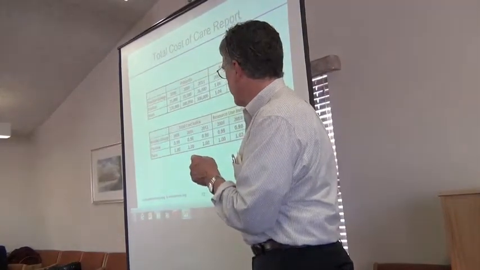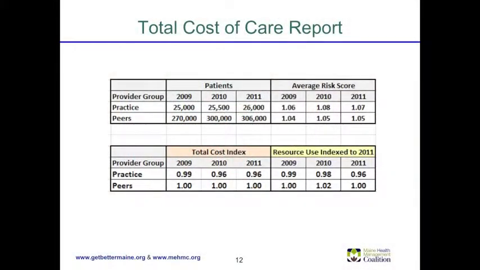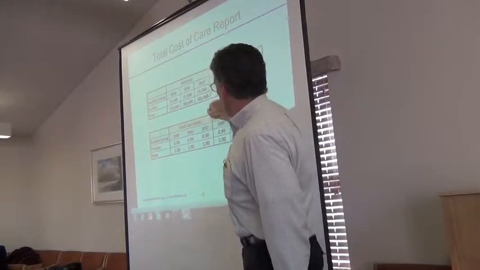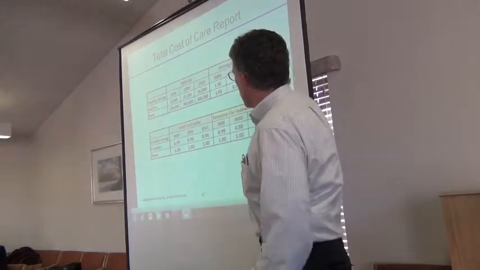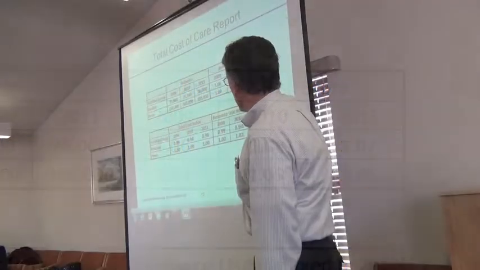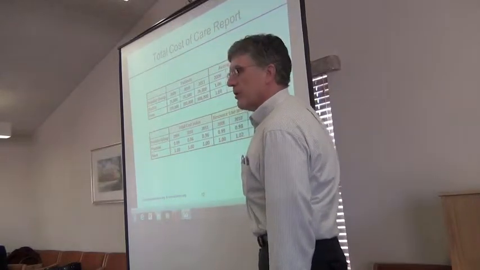Next slide. So what comes out, and this is where we would begin to get to the value assignment, you get indexes out. These are just numbers in this example, and let me concentrate on the risk scores here. If you were going to have regional benchmarks, you might report your risk scores like this, where these are the practice risk scores, and these are the risk scores of the peers.